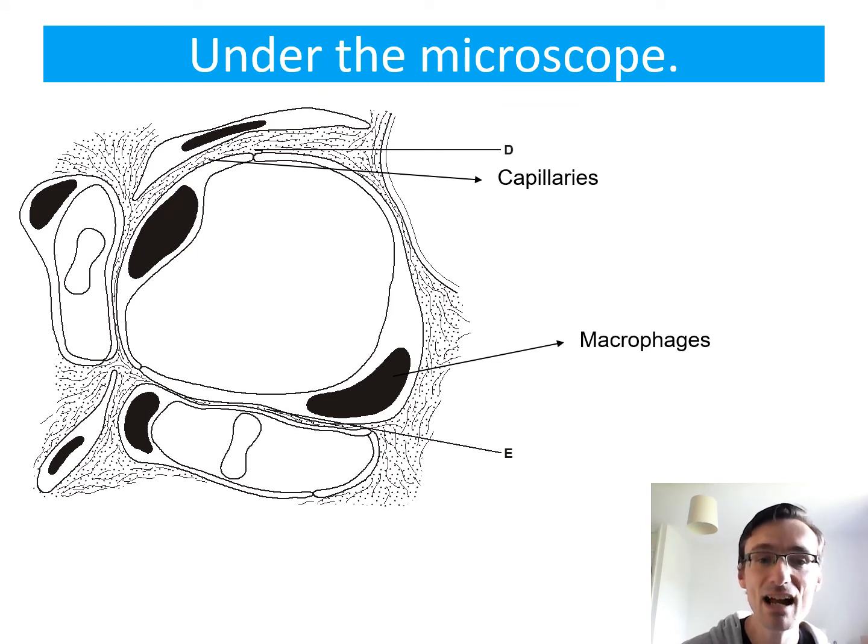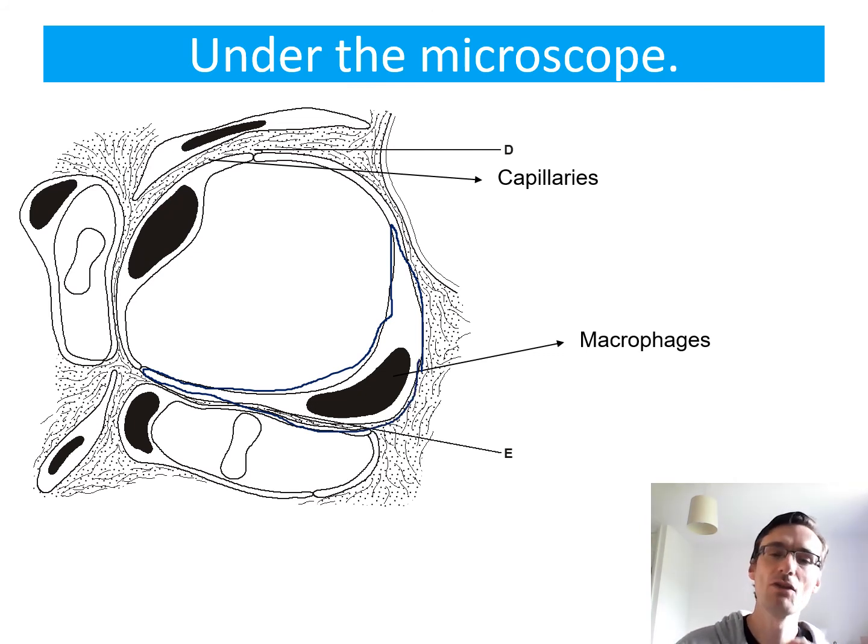So this here is actually a macrophage on the surface of the alveoli. So one macrophage, a very big white blood cell. You've been told about macrophages on the surface of white blood cells, on the surface of the alveoli, trying to stop bacteria getting in, and this is an example of that.